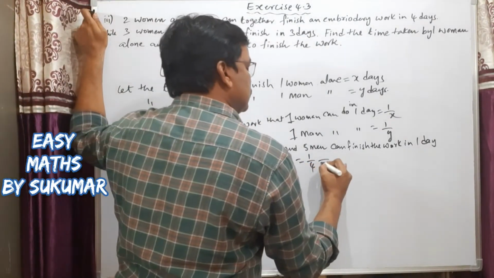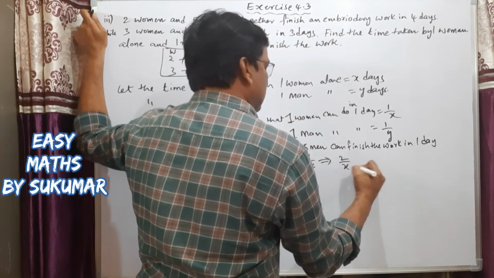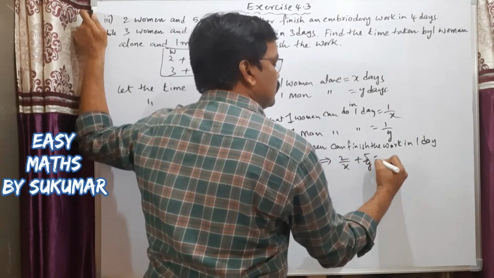So this implies 2 by x plus 5 by y is equal to 1 by 4.